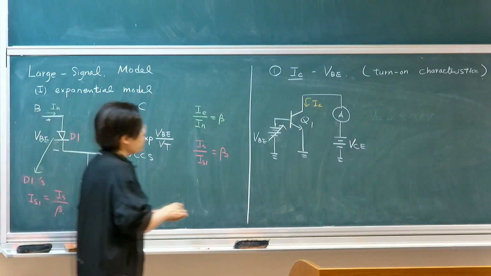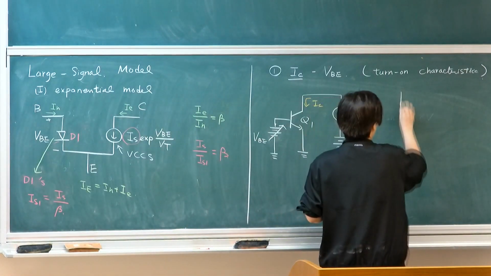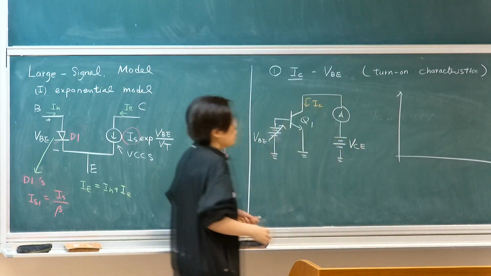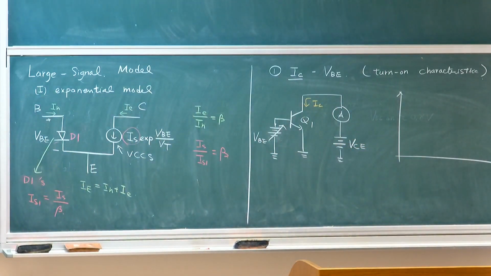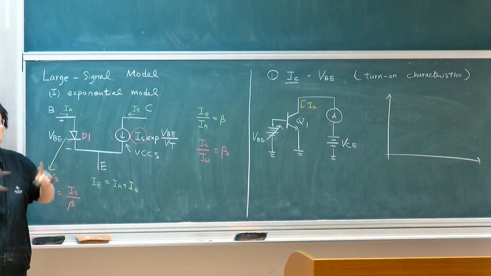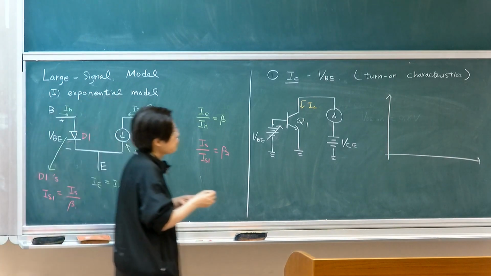Typically what you will observe is something very close to a diode, because this is simply diode control. Remember, you just take the electron part. So this is just a diode current. I'm just taking part of the diode current, ignoring the hole current, but the characteristic is the same.